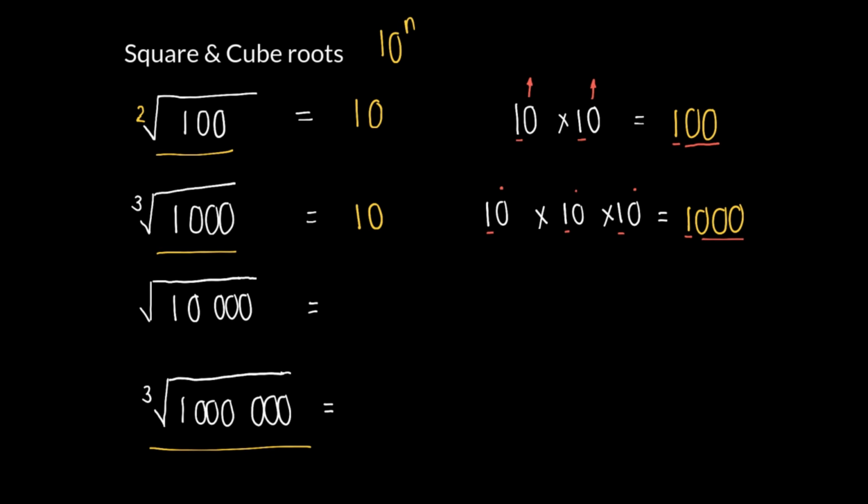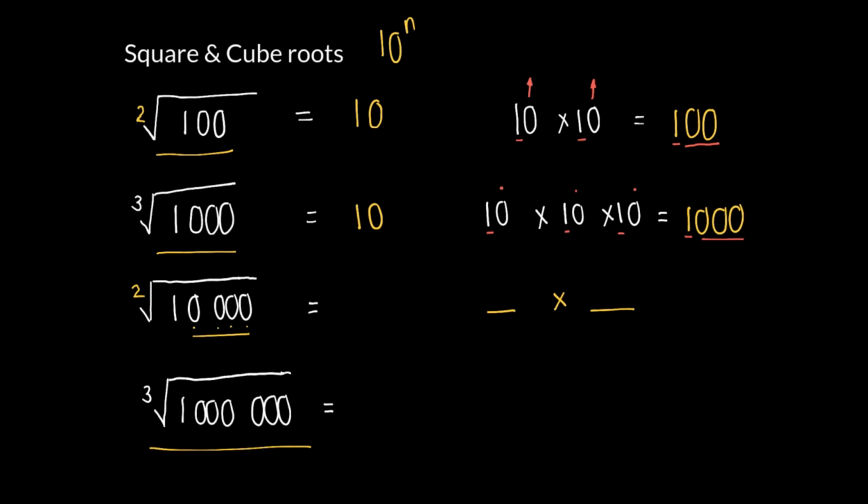So basically what we're trying to do is look for a number from the side that's going to give us the number we're looking for, depending on the root. So let's think about this. We want one number multiplied by itself 2 times, so something times something. And this needs to give us 1, 2, 3, 4 zeros.